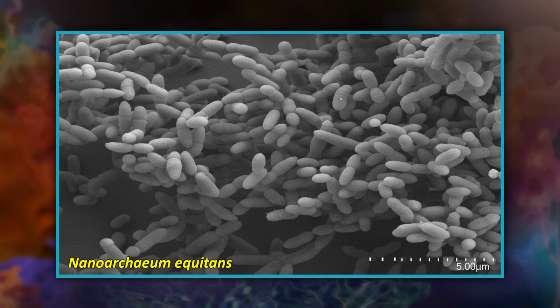A notable exception is the archaeon Nanoarchaeum equitans, which does not possess an RNase P enzyme and has a promoter placed such that transcription starts at the 5' end of the mature tRNA.